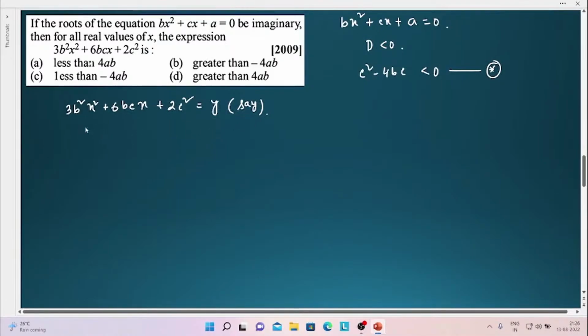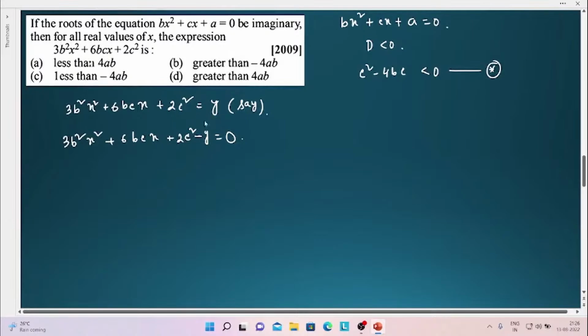So what will be the equation? It will be 3b square x square, and we have to write it in the simplest form. So 3b square x square plus 6bcx plus 2c square minus y equals 0, right?